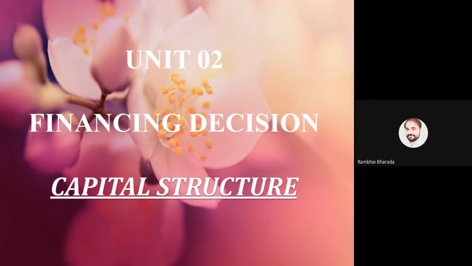And for each and every company, this capital structure is different, depending upon the size, the operation, the requirement, the objective, and the needs and wants of the company. तो किसी एक कंपनी का जो कैपिटल स्ट्रक्चर है वो दूसरी कंपनी के लिए सेम नहीं होगा. I hope the background is clear.